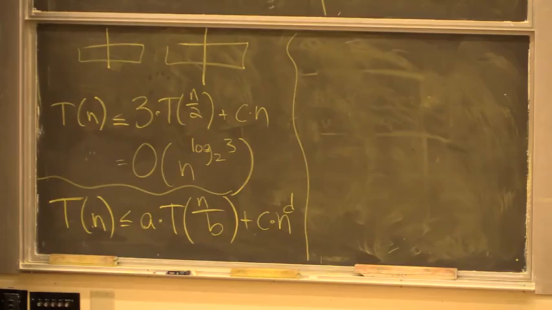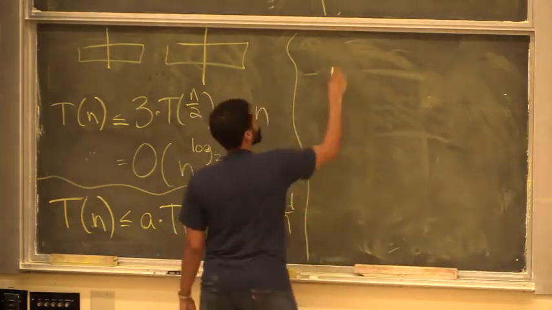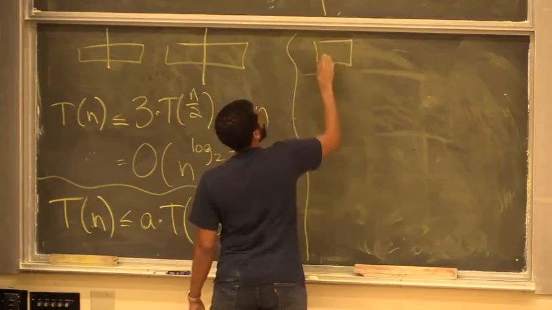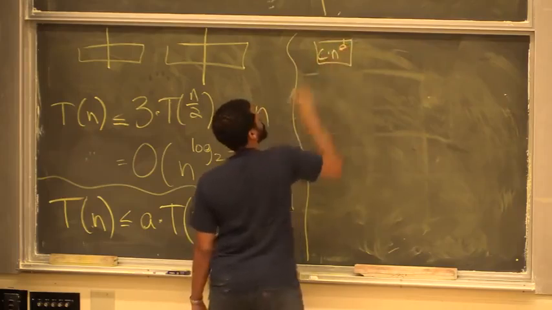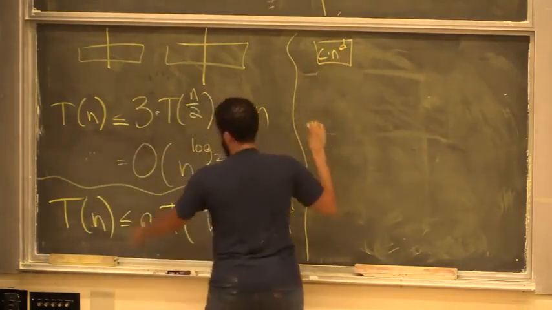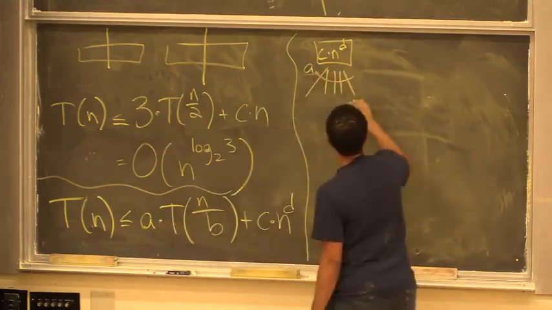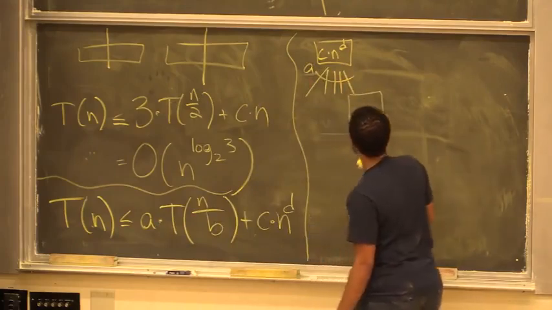So we're just going to analyze it the same way we analyzed Karatsuba, which is we're going to draw the recursion tree. We're going to add up for each level how much work we did on that level, and then we're going to sum that all up and see what we get. Okay. So at the root, we do c times n to the d work. And then that makes a recursive calls. Each one of those children does, what's n now?